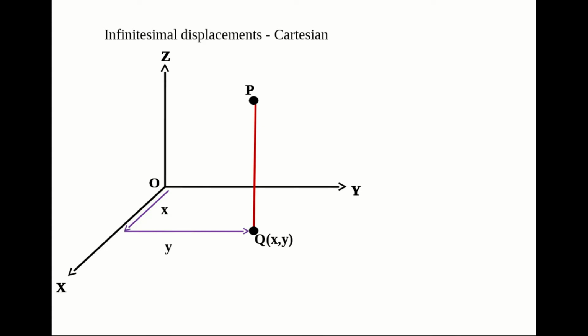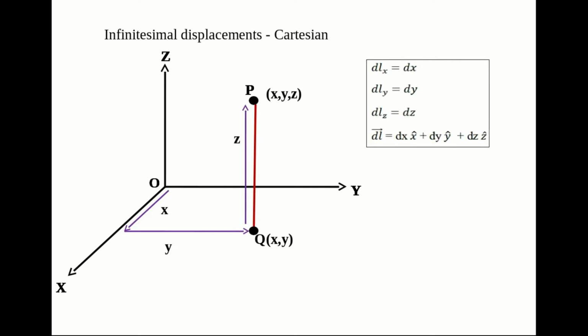If we move a distance z, we will reach the point P from Q. So, we will get the coordinates of P as x, y, z.